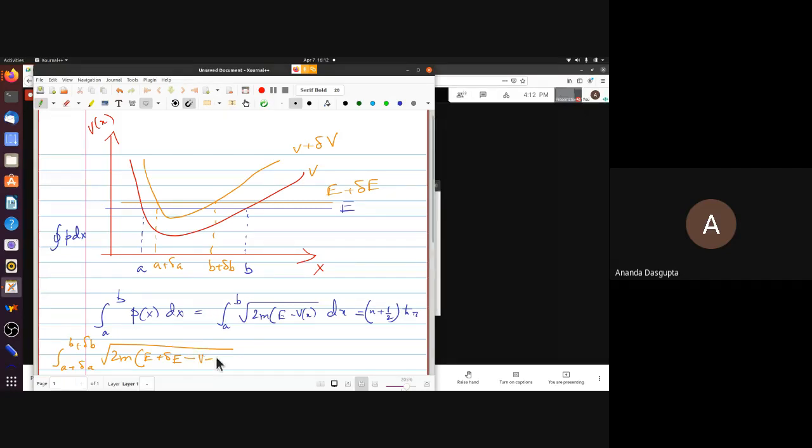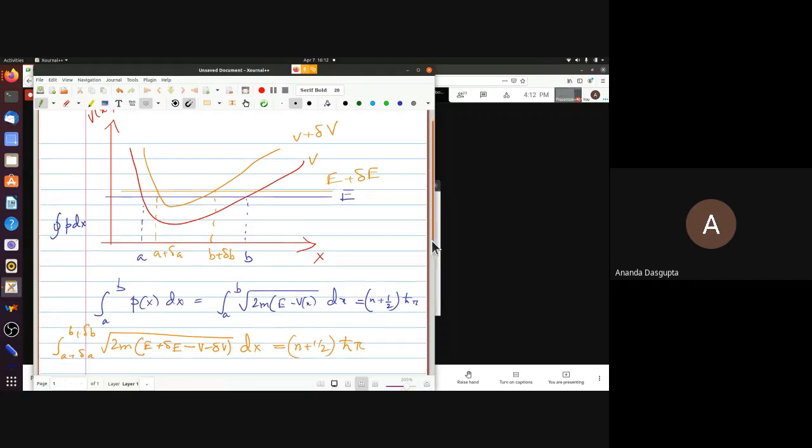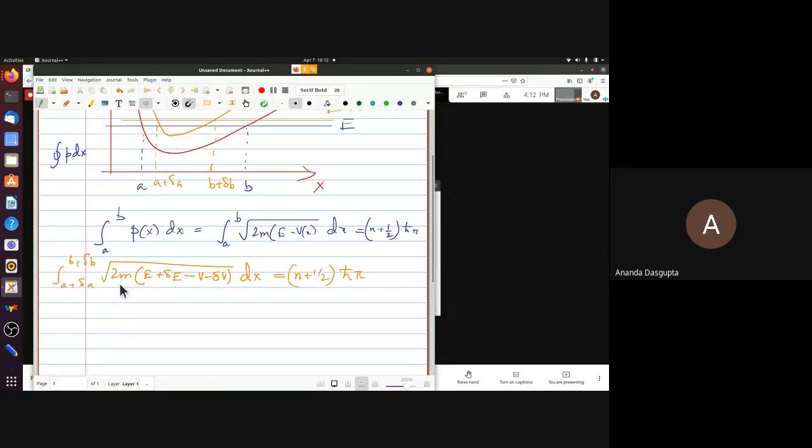This thing has to be the same as (n plus half) h-bar pi, because that's the quantization condition anyway. And we also know, of course, that this is the same as the integral from A to B of the square root of 2m(E minus V) dx.